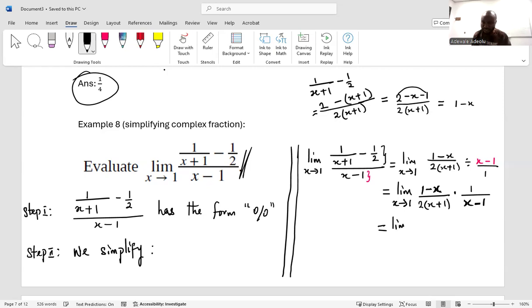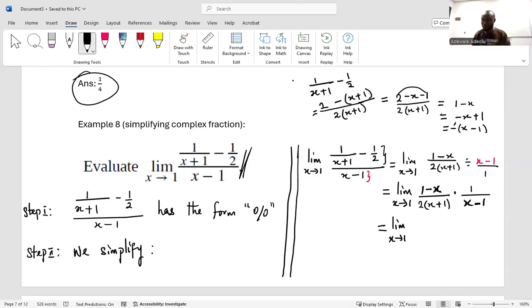What do I mean? I can say this is the limit as x goes to 1. Remember, 1 minus x, if I factor minus out, firstly, I can rewrite this one as minus x plus 1. It's the same thing. Now, I can factor minus out. So I have minus, and I factor minus out, then I have x minus 1.